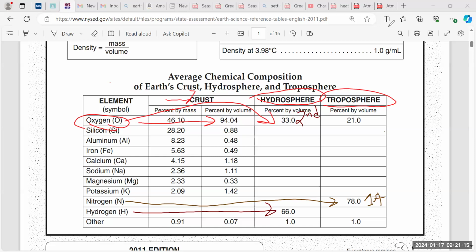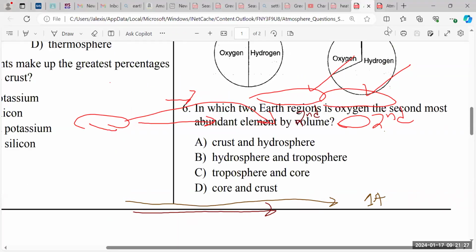Once again, I see it is oxygen with 21%. And so that's why the hydrosphere and the troposphere are going to be your correct answer. That means it is choice B, hydrosphere and troposphere. Remember, you can pause, rewind in this video if you just need a repeat of it again.